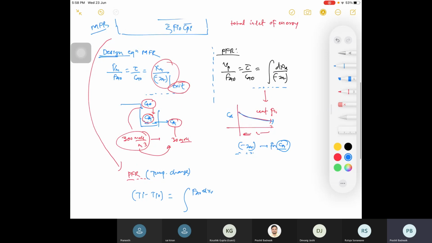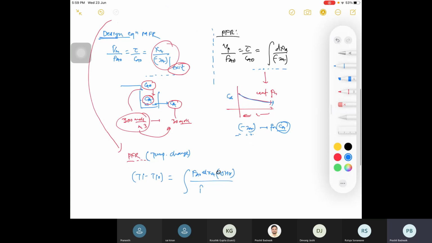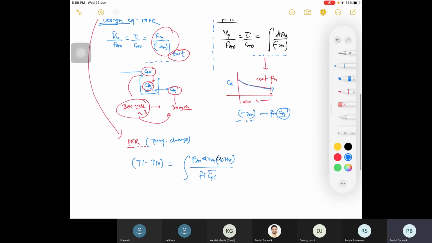Your dXa will be there, and here delta Hr reaction, with a minus sign. In the denominator, same, right? Fi into Cpi mean. Similar kind of equation you are getting. From here you can find out delta Hr reaction will come out common because it is not changing with respect to your conversion. It is for the overall reaction.